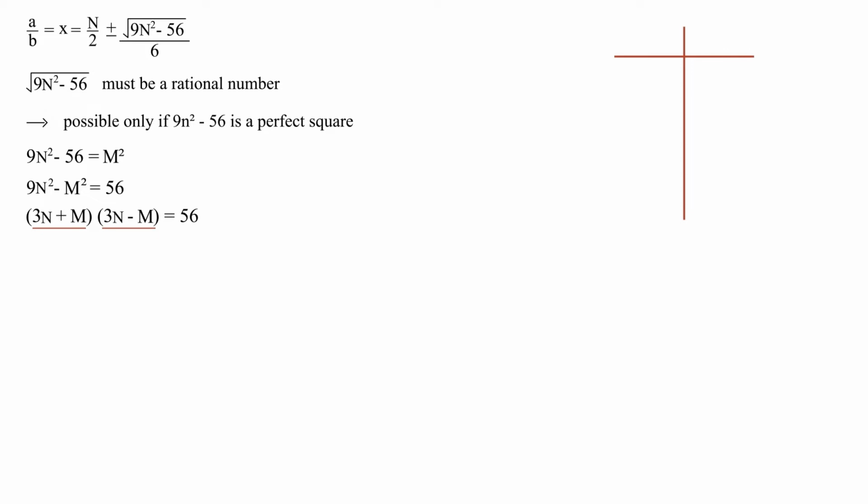So I'll put 3n plus m here and 3n minus m here. Now I've got possible choices: 56 and 1, 28 and 2, 14 and 4, and 8 and 7.